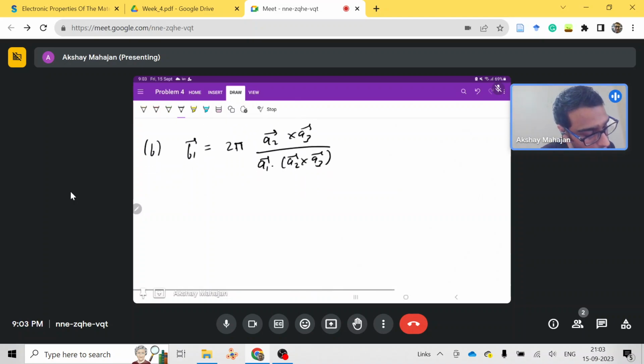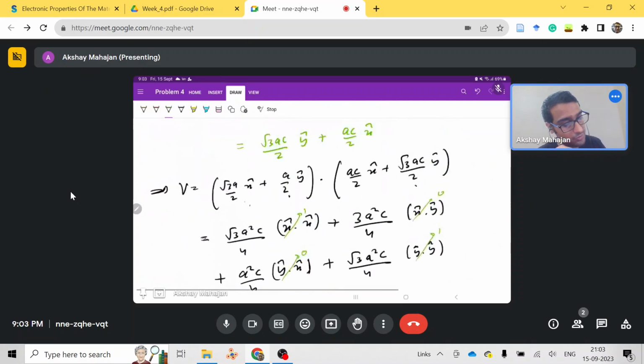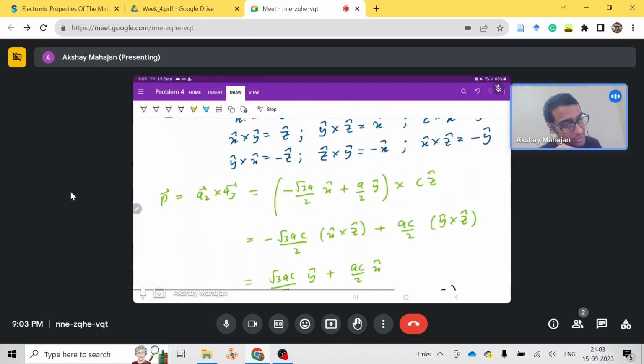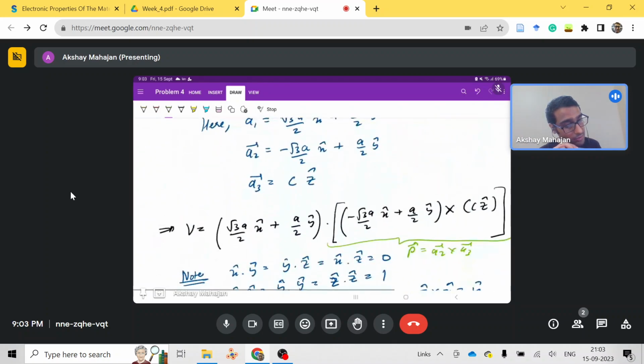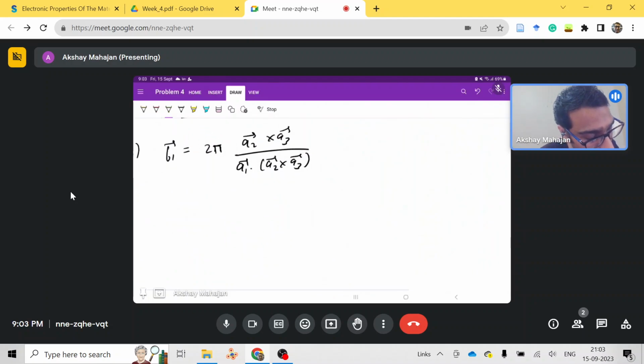Now e2 vector cross e3 vector we have already found from the previous one, and we also just found the denominator. We have this e2 plus e3, and what we calculated is the volume V. It was a1 vector dot e2 vector cross e3 vector. So we have both these values, and we will just put these values here.